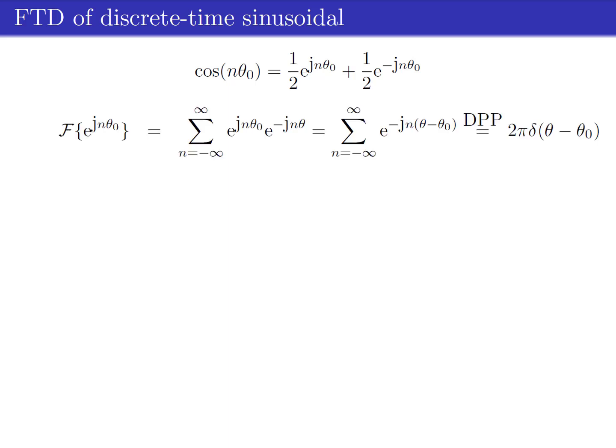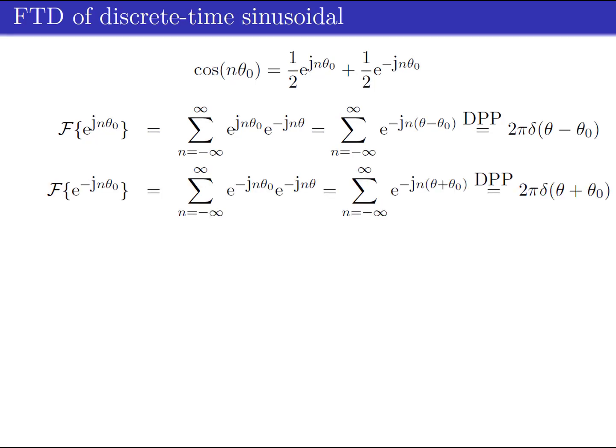From the DPP property, it follows that the DTFT of the first phasor results in 2π times a delta function at θ is θ0. And the second one is 2π times a delta function at θ is minus θ0.